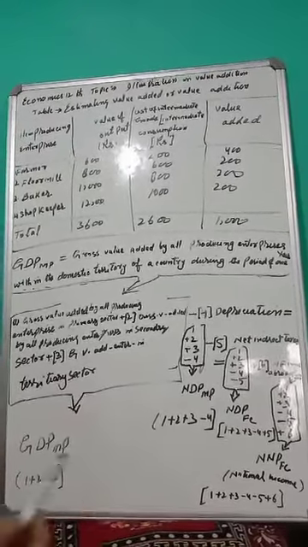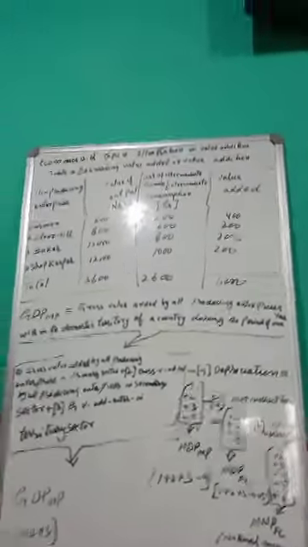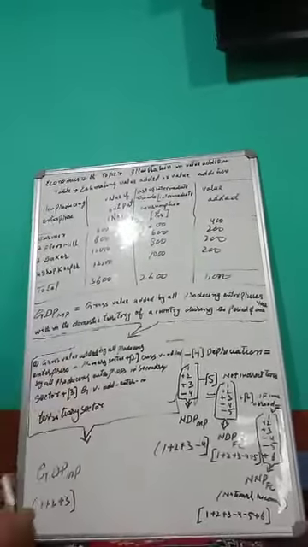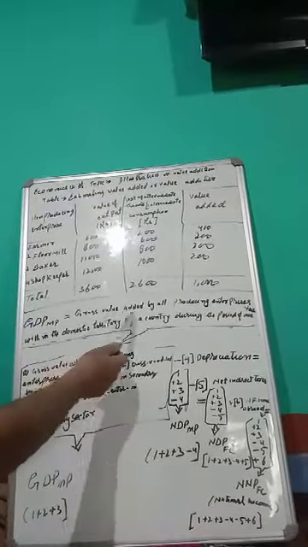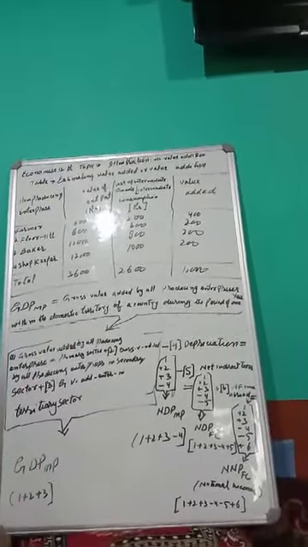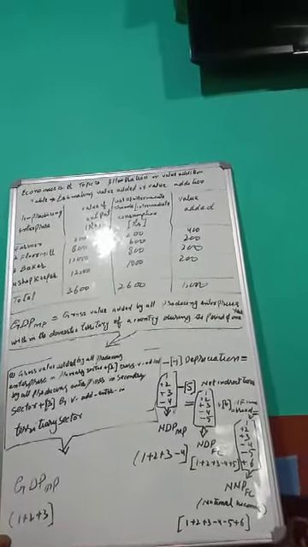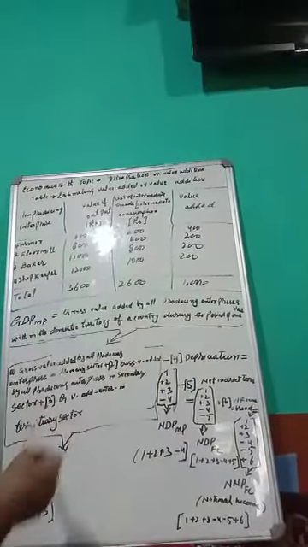Now, here I will make you understand that GDP at market price is equal to gross value added by all producing enterprises within the domestic territory of the country during the period of 1 year.